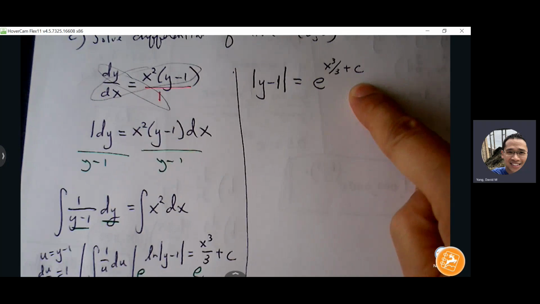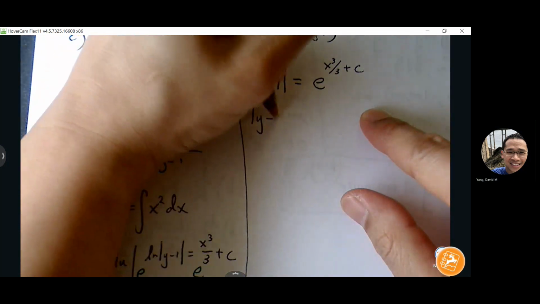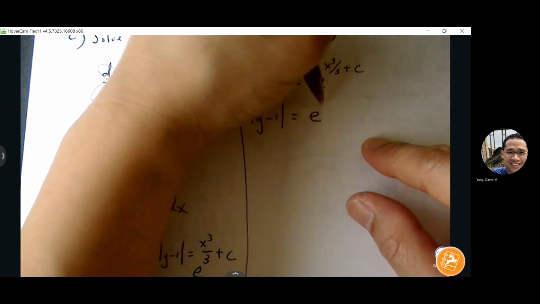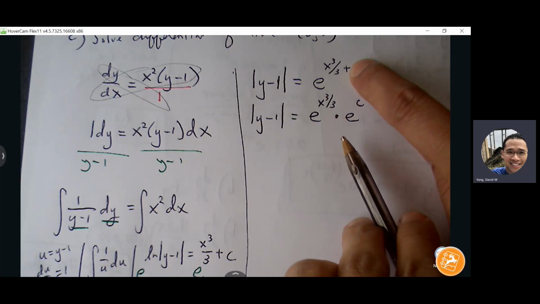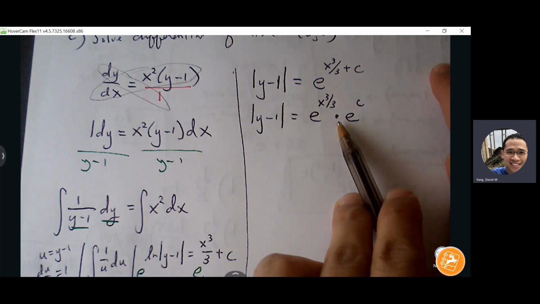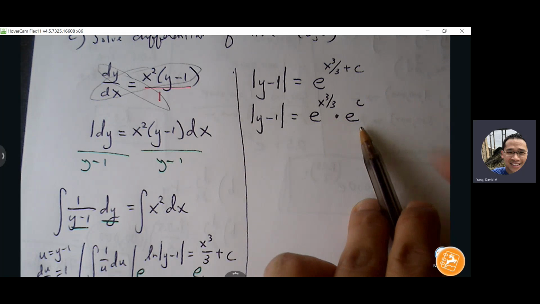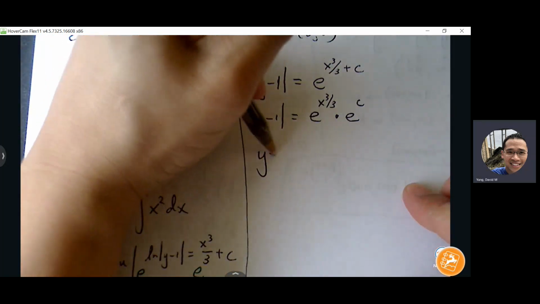Separate the c away from the variable. Notice your change in operation here: plus in the exponent, for instance, becomes multiplication. Drop the absolute value.